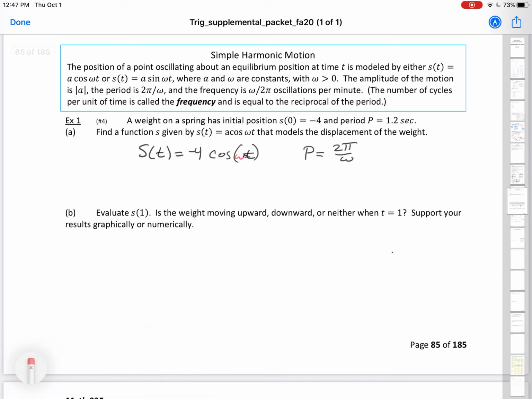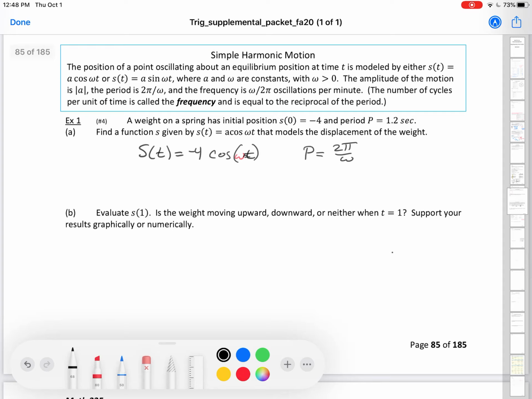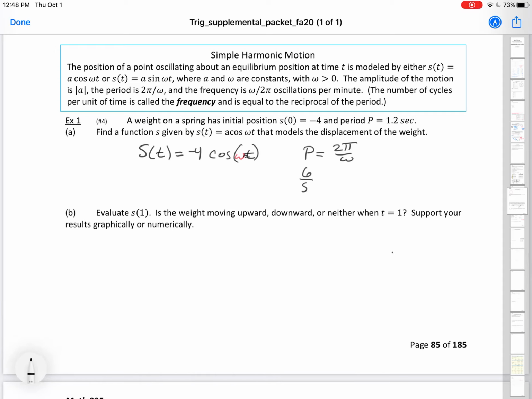The only thing that they told us is that the harmonic motion will follow this. So all we have to do is solve for omega, because we know the period is 1.2 seconds. So it might be best, 1.2 is 6/5, is equal to 2 pi over omega. I don't know if that's better, but that's the way I would do it.